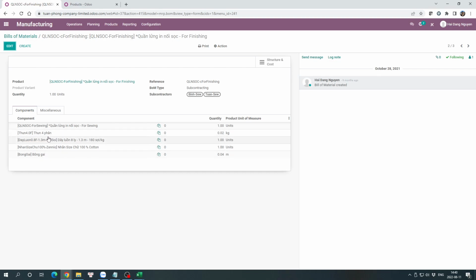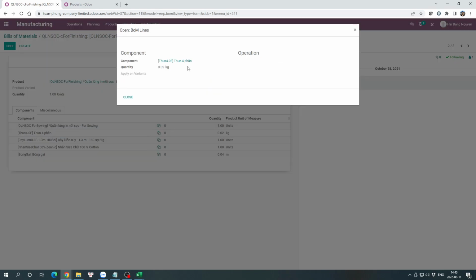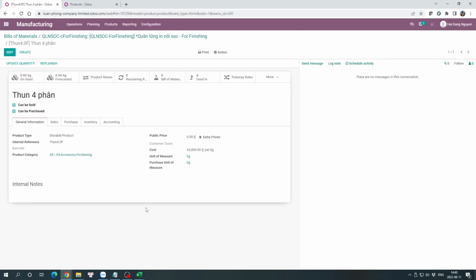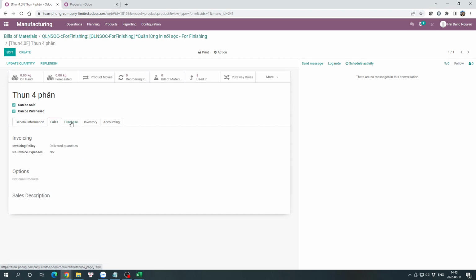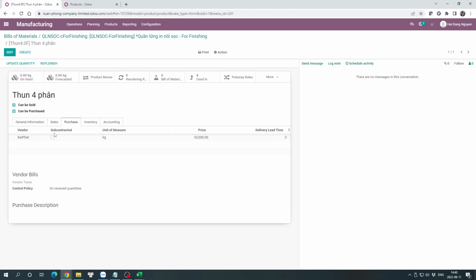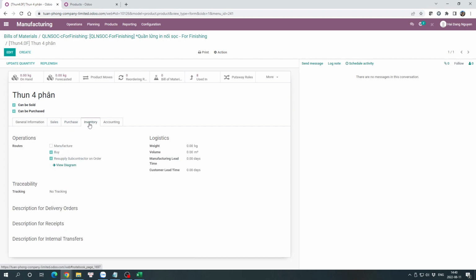So let's say I'll show you this one. See what we have. Cost, kilogram. So this is accessory for sewing. Okay, you buy it directly from this guy, no tax. And here, see?